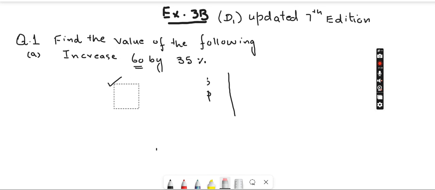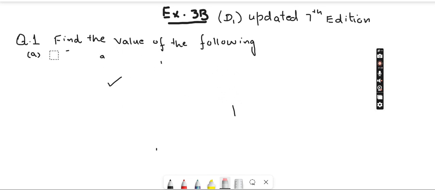So when we talk about its B part, that is increase 28 by 125%, meaning we have to increase 128 by, first we'll write the question, increase 128 by 125%.